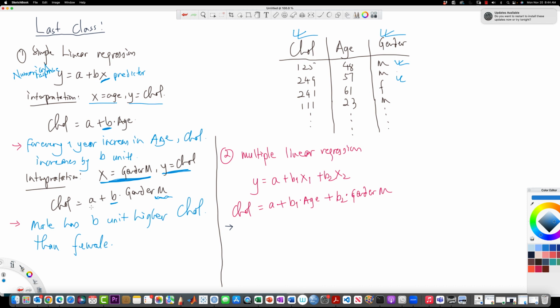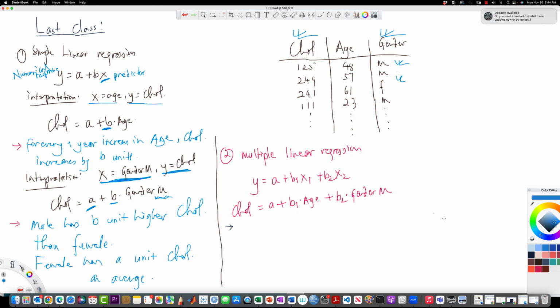That is for the female. So you can write that female has a units of cholesterol on average. This is how you interpret the simple linear regression.